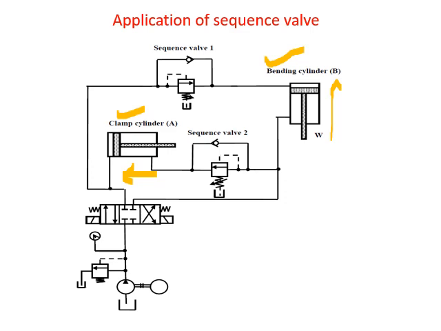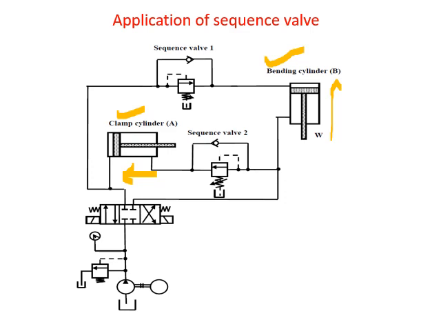Now you can easily see that there are two sequence valves which we have placed in this circuit. One is placed on the cap end side of cylinder 1 and one is placed on the rod end side of cylinder 2. Whichever operation you want to delay, on that side you need to put a sequence valve.